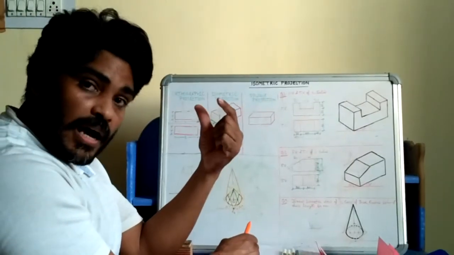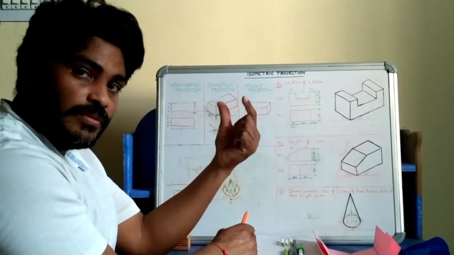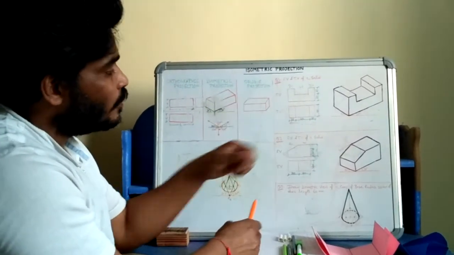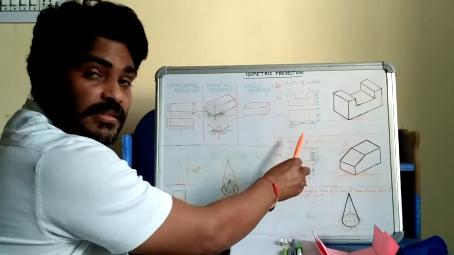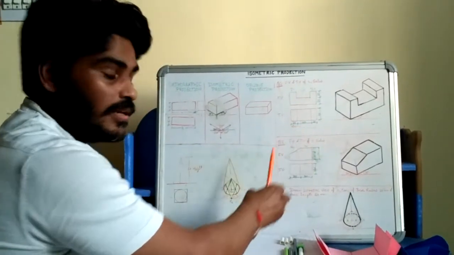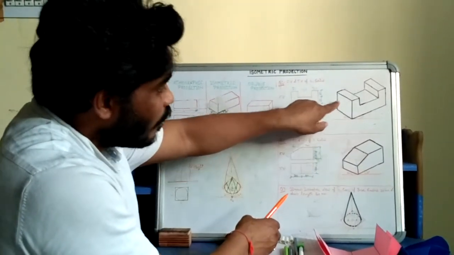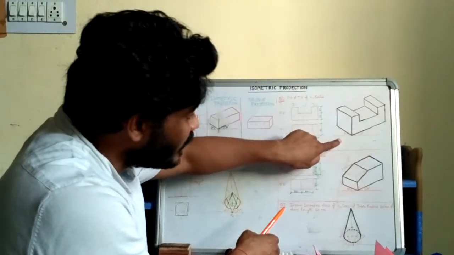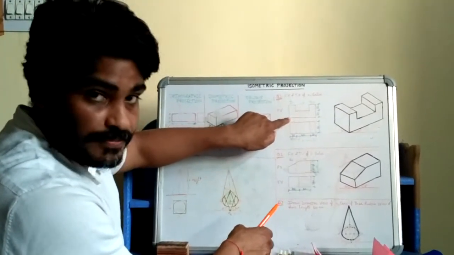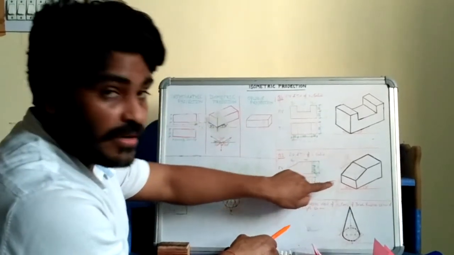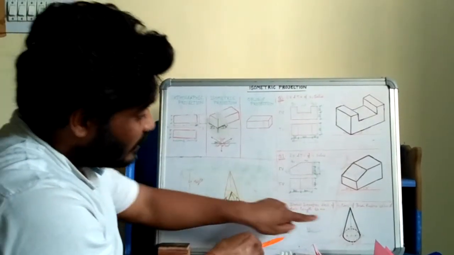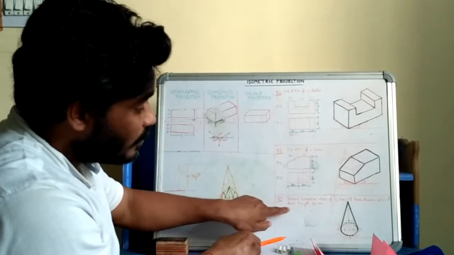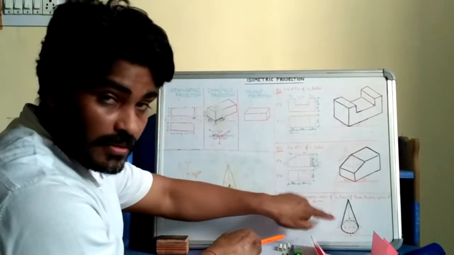If someone is asking for isometric view, then we will use the actual dimension, the real dimension that is given. So what we have drawn here is isometric view, not projection. This is the isometric view of this question, this question, and the cone.